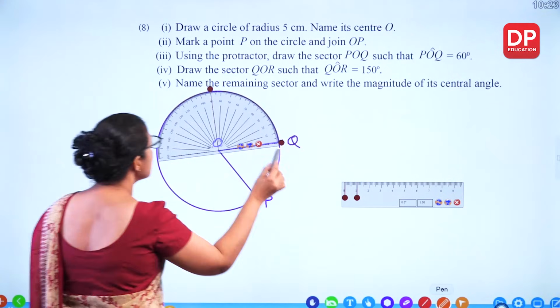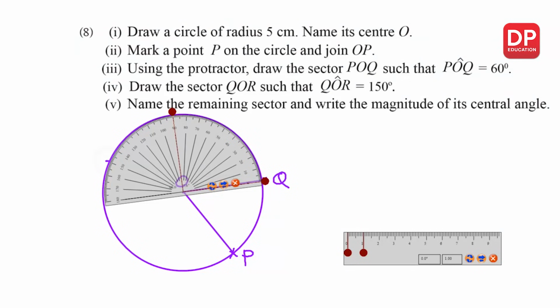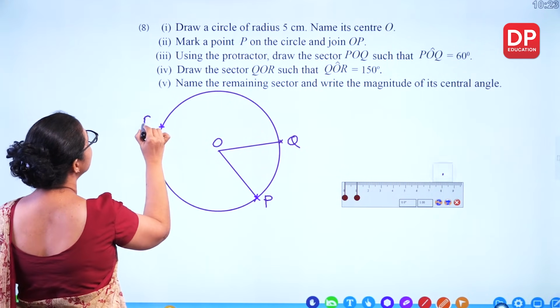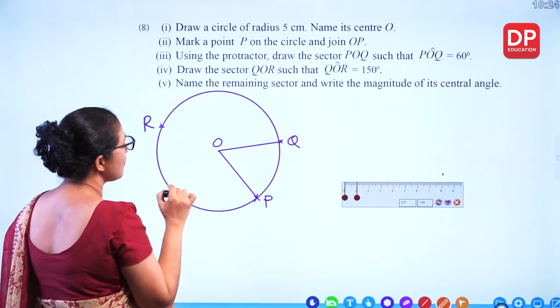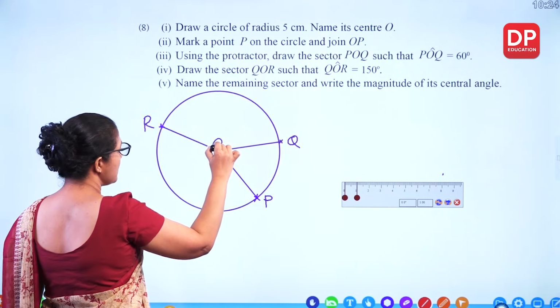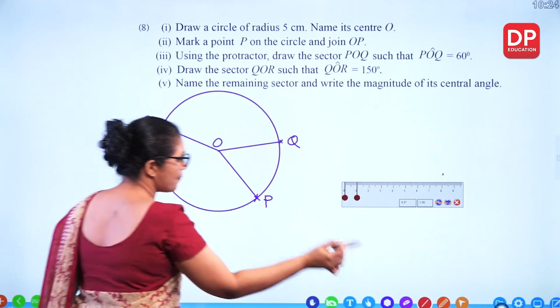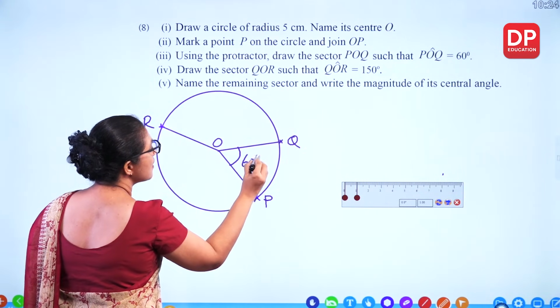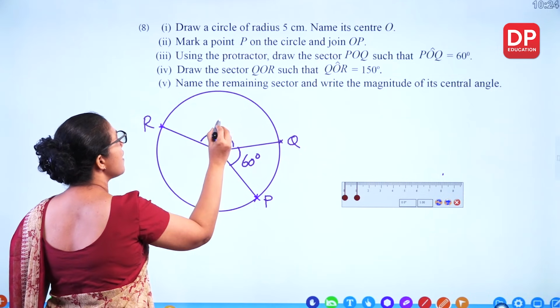From here, this is 150. So that's the R point. So we'll connect it and show this is 150 degrees. So this angle is 60. This angle is 150.